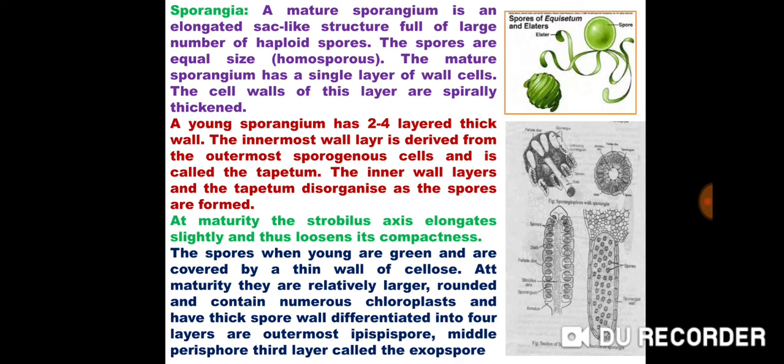At maturity, the strobilus axis elongates slightly and thus loosens its compactness. The spores, when young, are green and are covered by a thin wall of cellulose.